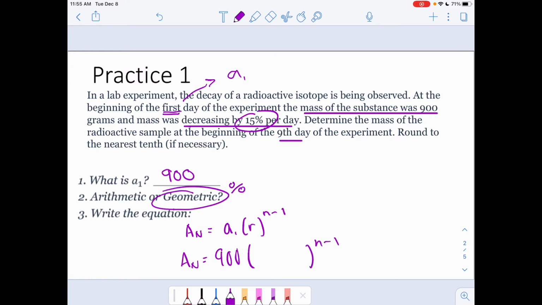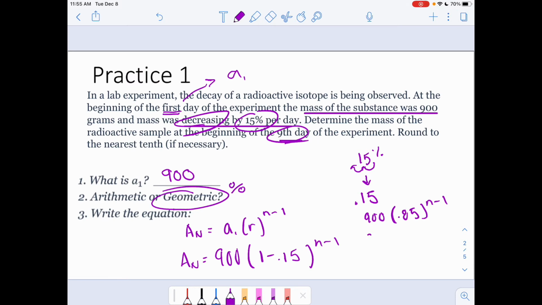To write our common ratio, convert a percent to a decimal. We do that by moving the decimal place 2 spots to the left. Because this is a decreasing problem, I'm going to subtract. So when I simplify it, I'll see I get 900 times 0.85 to the n minus 1.